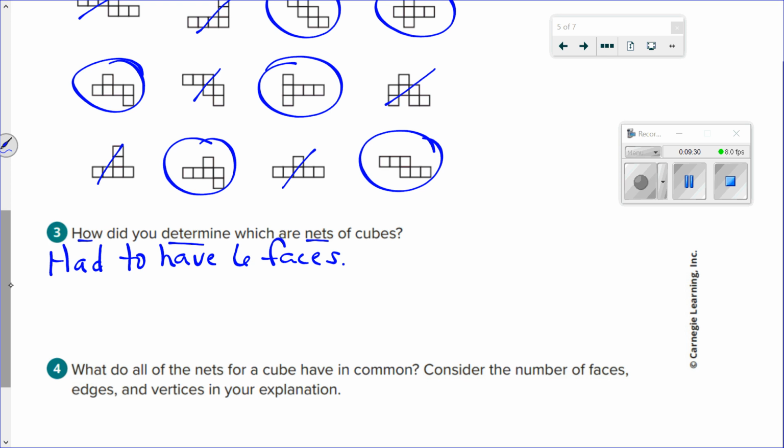So once I've determined one shape works, any shape that looked like that also works, right? But I would hope most of you were mentally folding it to make sure it had all 6 faces, right? So mentally fold to make sure it had 6 faces.